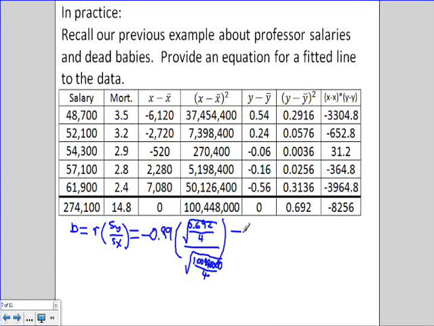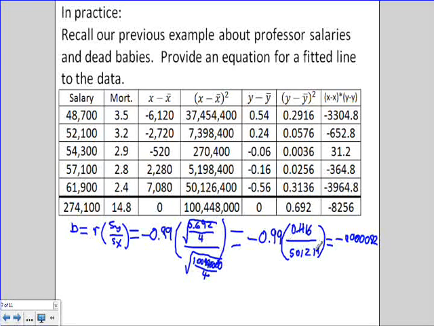So now that's the same as negative 0.99 times 0.416 divided by 5,012.19, and that leaves us with a slope of negative 0.00082.